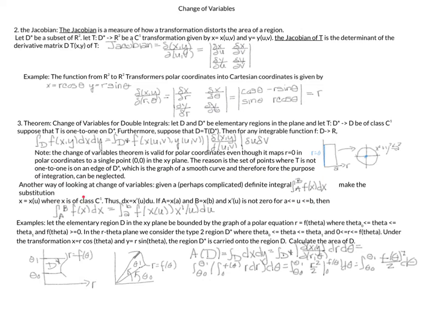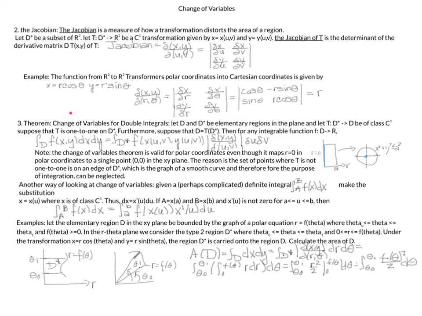Anyway, the other couple of notes I wanted to say is, one, that the change of variables theorem is valid for polar coordinates, even though it is not a linear mapping, and in particular, even though here we say that we want the transformation T to be 1-to-1, and obviously the polar coordinate transformation is not, because it maps everything with 0 radius to a single point, (0, 0).